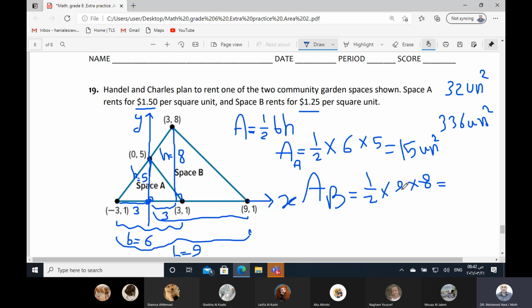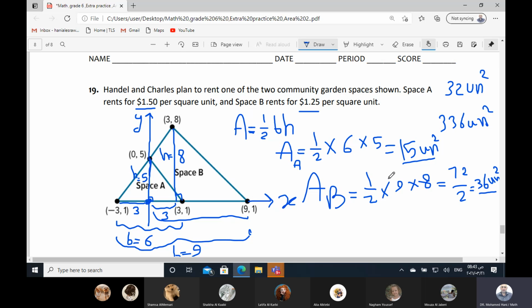Eight times 9 will be 72. 72 times 1 is 72. 72 divided by 2 will be 36 units squared. Now I know the area of space A and the area of space B.